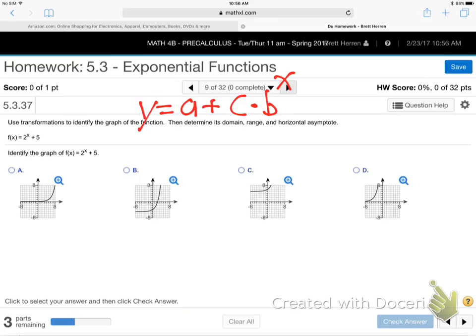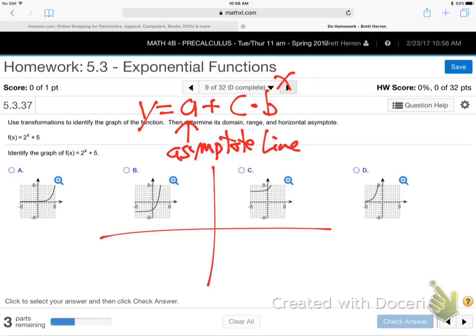Okay, well, here's what it looks like. The first thing you need to know is A is an asymptote line. That's a line of asymptote. What does that mean on the graph?